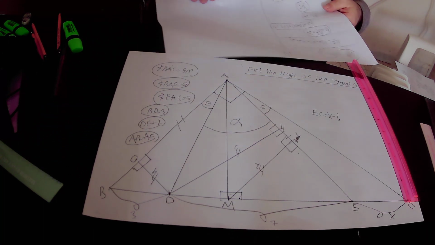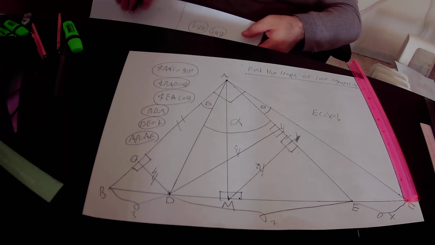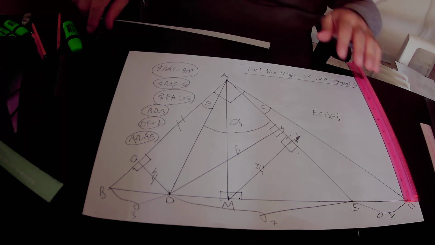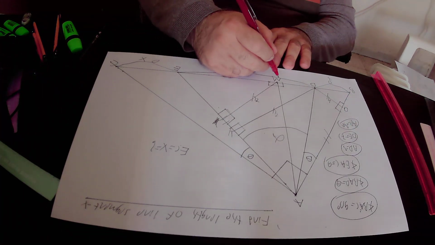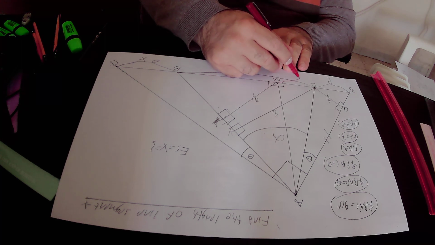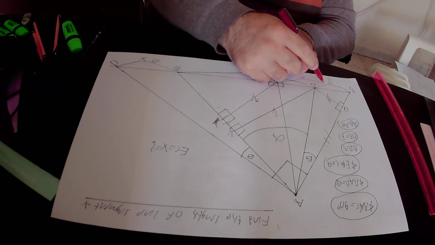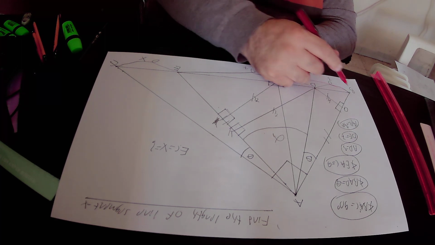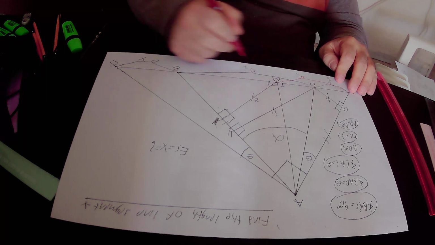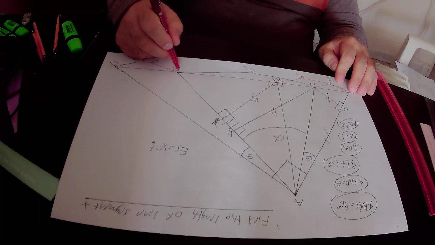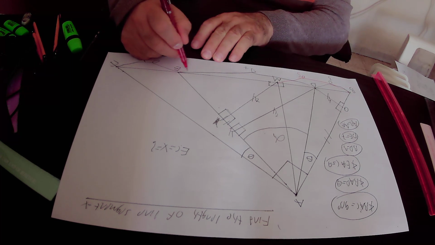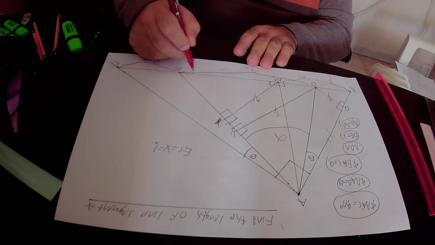So you can write here that BM is equal to 5 units and ME is also equal to 5 units.